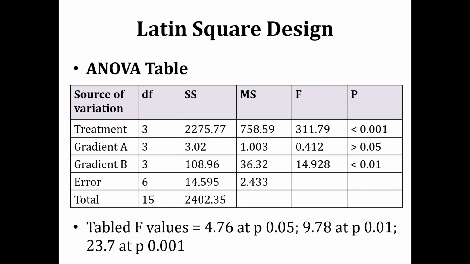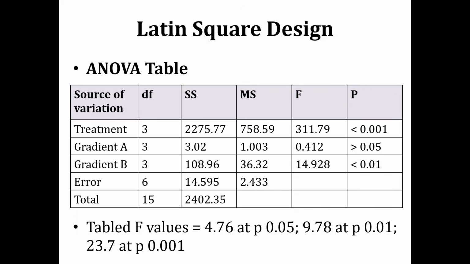Then in the next column we have the variances or the mean sum of squares. So for the treatment we have 758.59, for the gradient A we have 1.003, for the gradient B we have 36.32, and for the error we have 2.433.